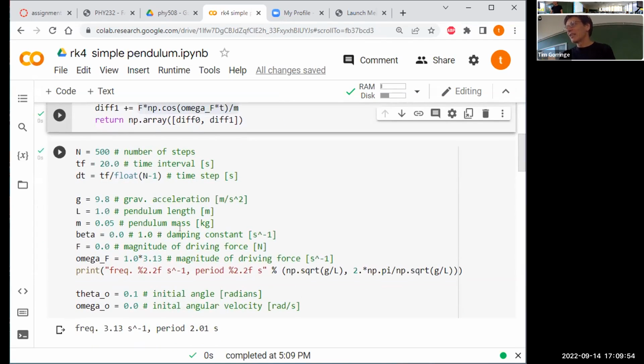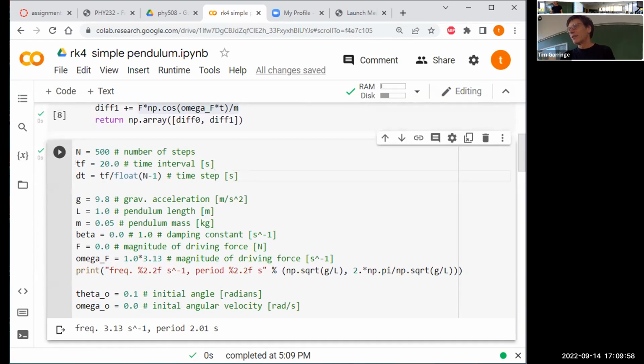Okay, so now next cell. Some of these things will be very familiar. So first, I'm just defining some discrete time world. I'm going to think about a period of 20 seconds. So that's tf. I'm going to divide it up into 500 intervals.